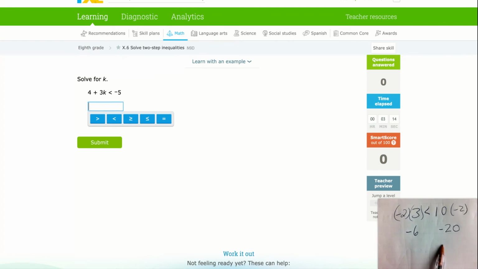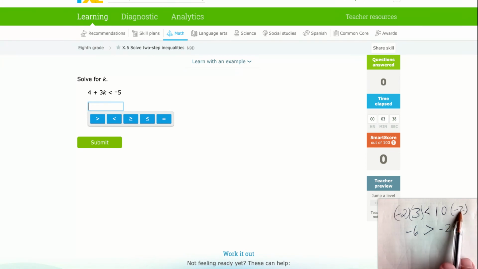Now remember, to be considered less, it has to be further to the left on the number line, or the larger in magnitude a negative number is, the smaller it actually is. So if you'll notice, you have to flip the inequality symbol, because now the right side, which is negative 20, is less than the negative 6.